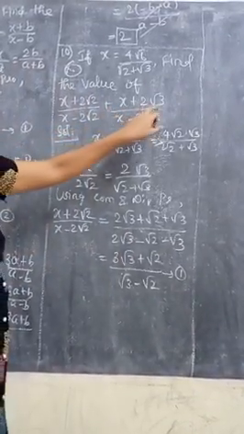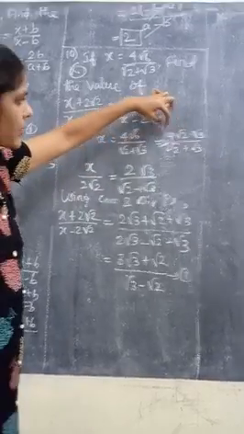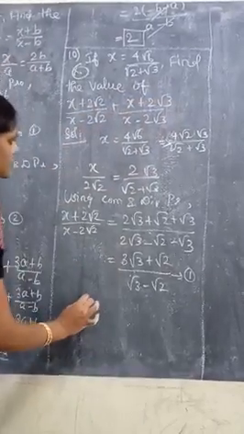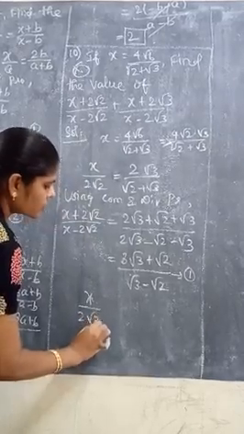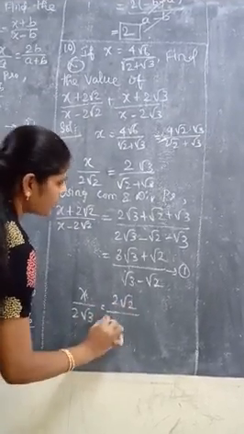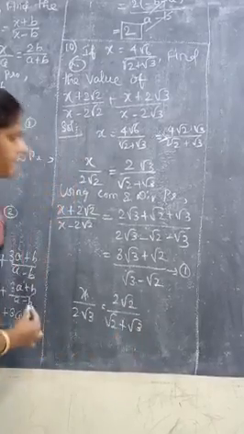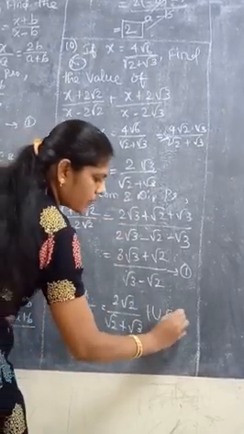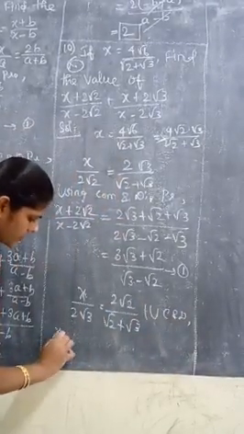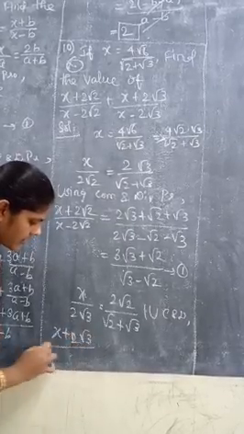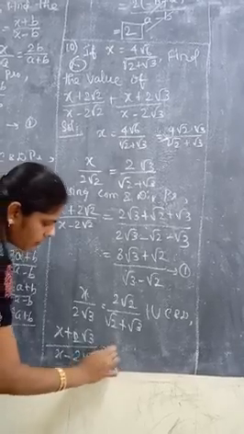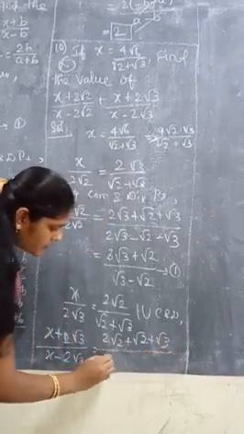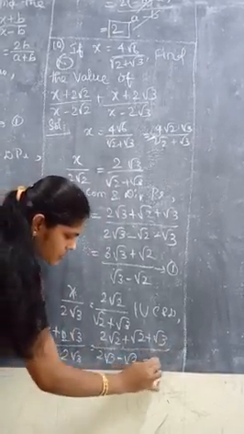Next we need 2 root 3. So in this term you can take only 2 root 3 on the left hand side. So remaining we have 2 root 2. So x by 2 root 3, remaining we have 2 root 2 divided by root 2 plus root 3. Next, as already written, now using componendo and dividendo property here: x plus 2 root 3 divided by x minus 2 root 3 equal to 2 root 2 plus root 2 plus root 3 divided by 2 root 2 minus root 2 minus root 3.